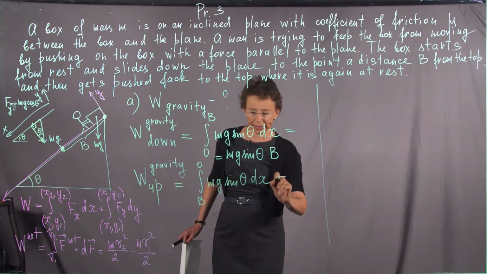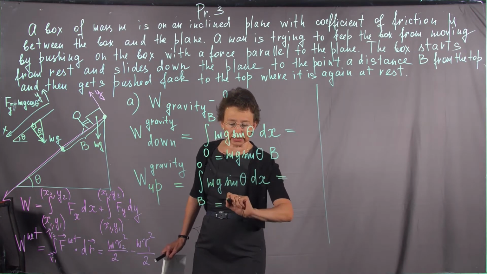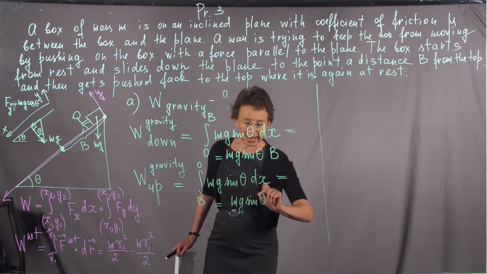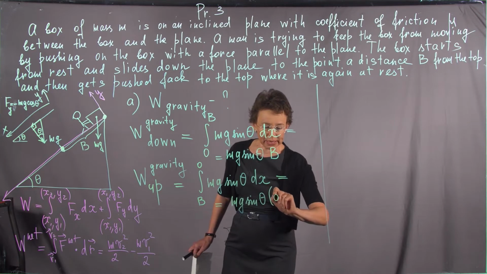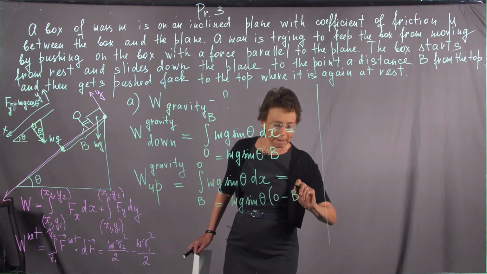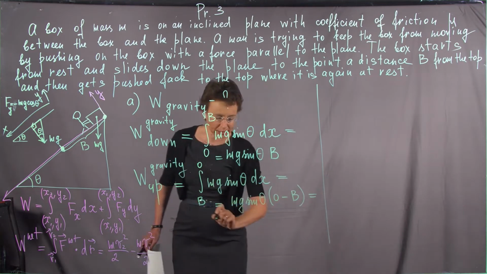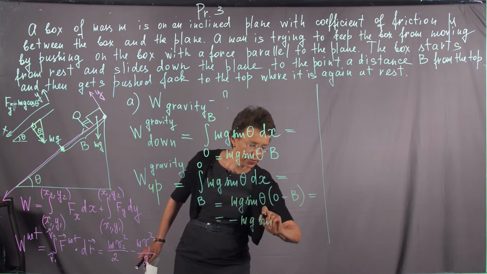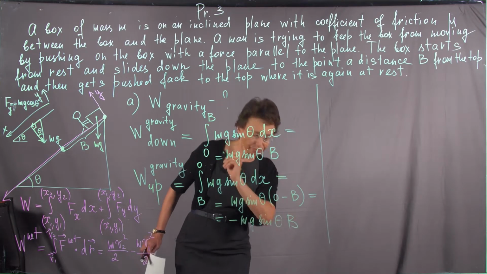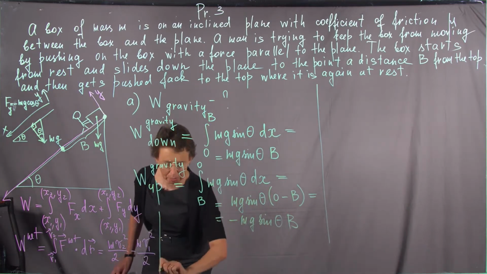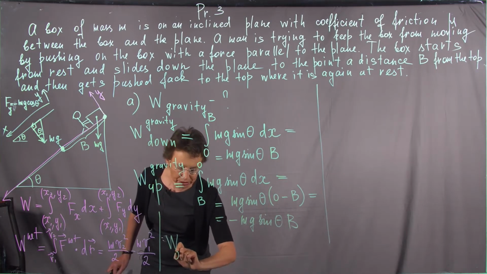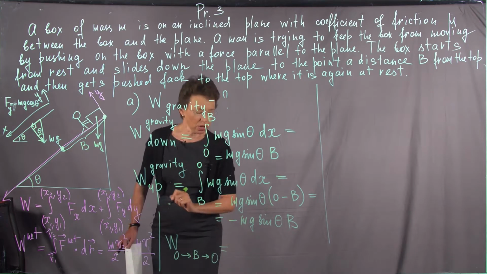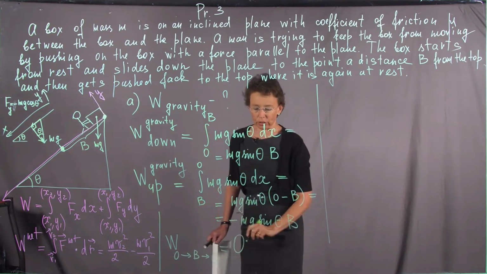So I'm done. And I take this integral, it will be mg sine theta x. And I plug in the limit 0 minus b, upper limit minus lower limit, which will give me minus mg sine theta b. Now, what is work done by gravity for the round trip from 0 to b and then back to 0? It is 0.